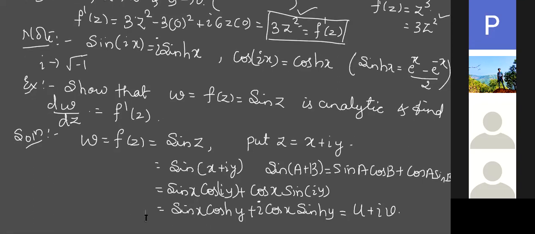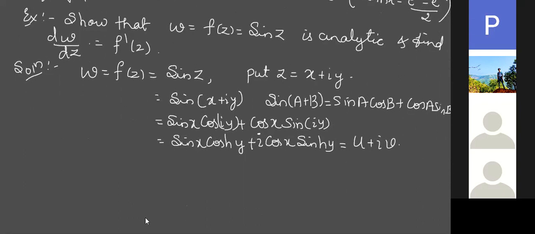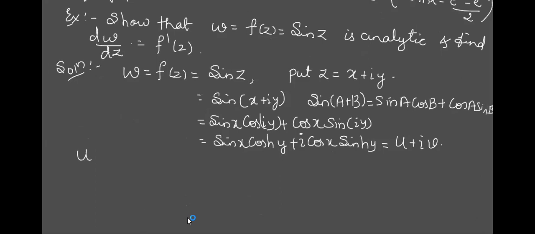What are u and v? If you just compare it, u is nothing but sin x cos hyperbolic y and v is cos x sin hyperbolic y.